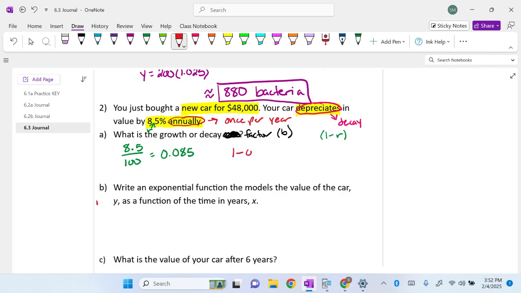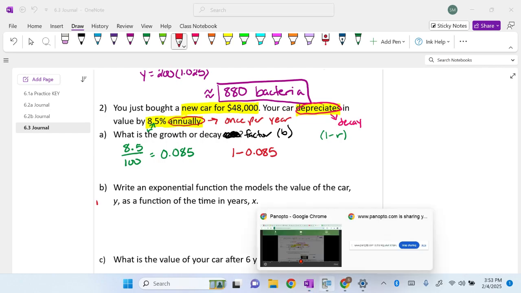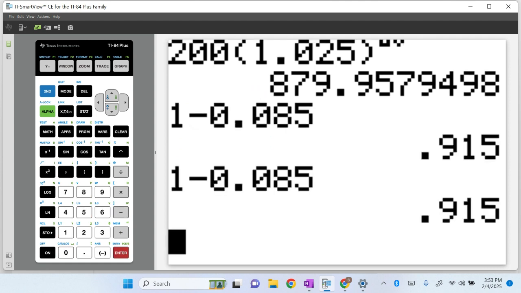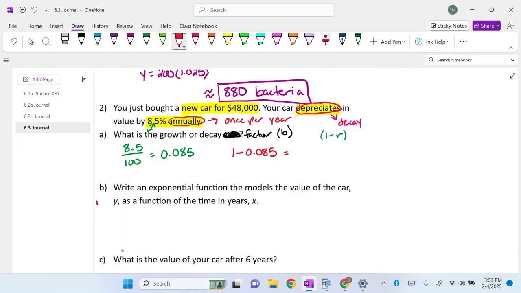So 1 minus 0.085. And again, you can put that in your calculator. And I get 0.915. So this would equal 0.915. And that would be my decaying factor, which is also, remember in our equation, my B value.